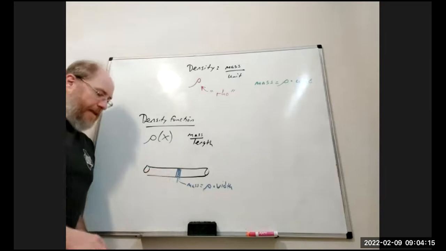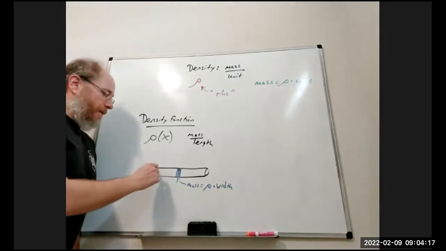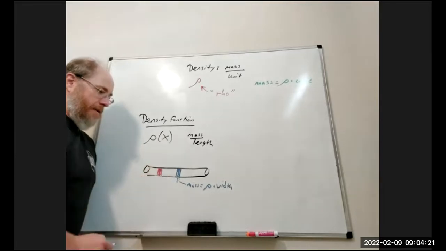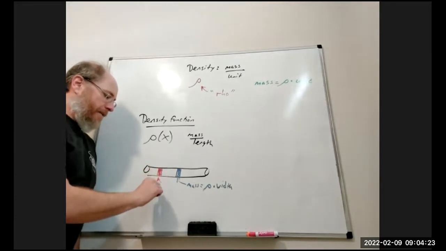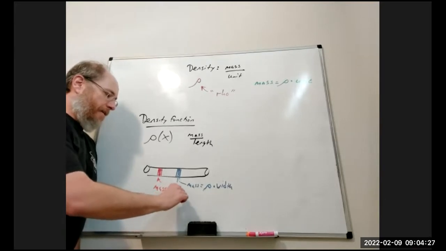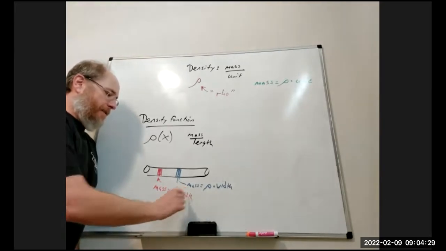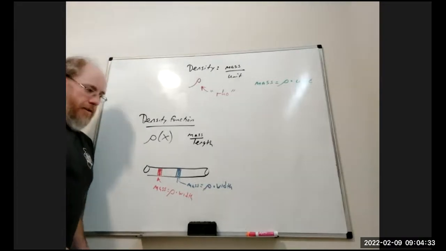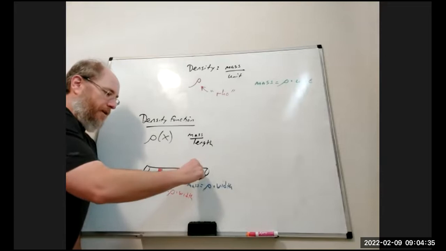Now, that would be for that little chunk, but maybe there's another piece, and I want to find its mass. Well, the same deal here. Its mass is going to be the density there times its width. And okay, well, I keep doing this. Here's another chunk that I want to find its mass.